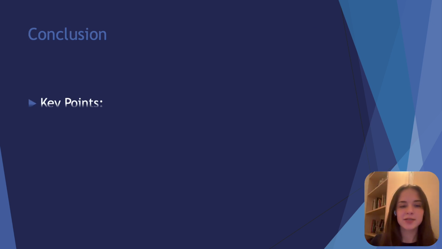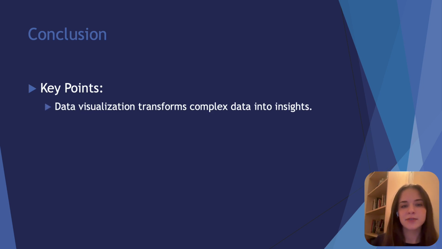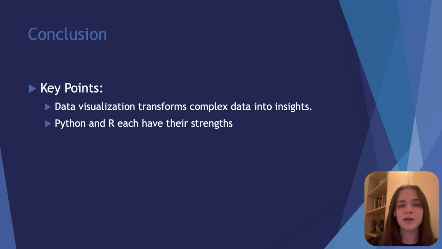And to conclude, here's a few key points just to summarize what I talked about today. Data visualization is a powerful tool that helps us transform complex data into insights that we can take action from and make decisions from. Python and R each have their strengths. When it comes to data visualization, Python is more flexible and R can be used for more statistical visualizations.